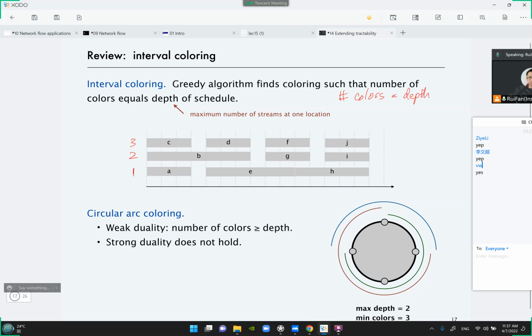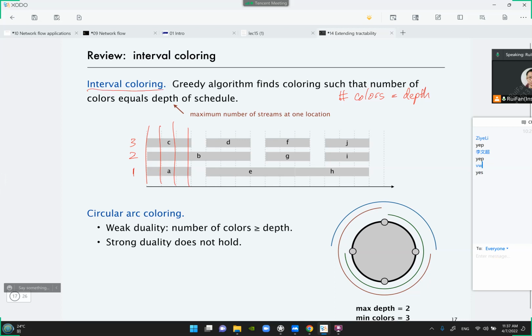The depth means that we look at all points along this graph, and then we find the maximum number of overlapping intervals at any of these points. So in this case, for this graph, the depth is 3. So we know that we only need 3 colors to solve this problem, for interval coloring.